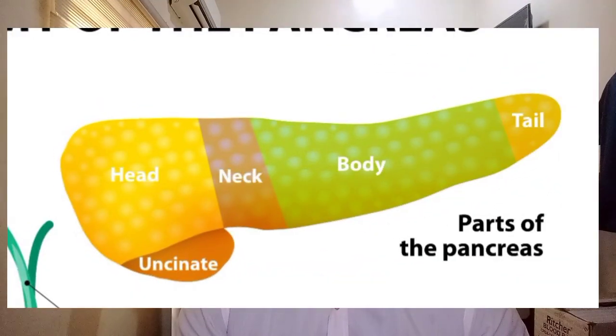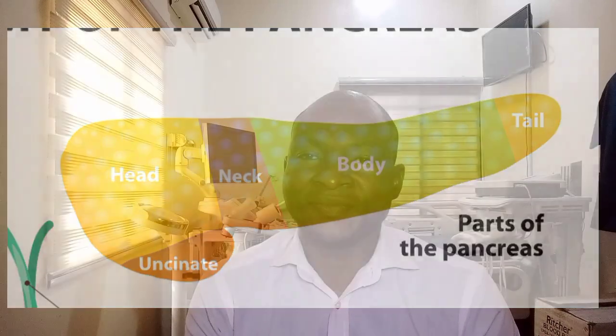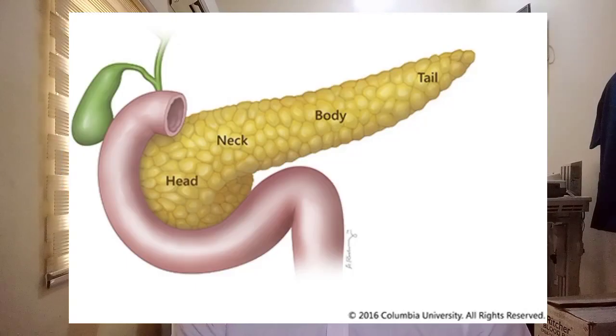The pancreas is divided into the head and the uncinate process, the neck, body, and the tail. The head lies to the right of the spine, anterior to the IVC, with the C-loop of the duodenum that is formed by the superior, descending and transverse portion.